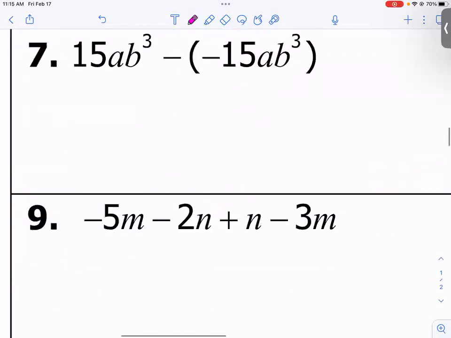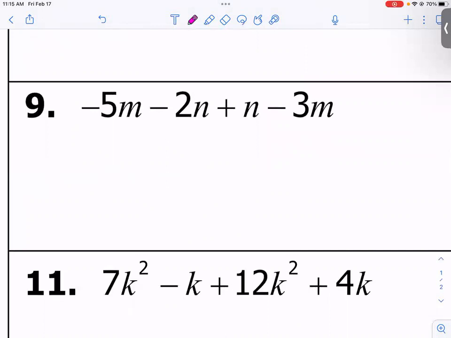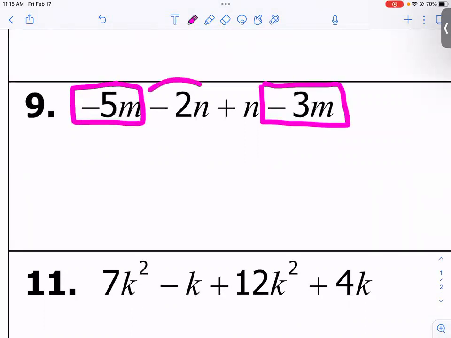Okay, so let's jump down to number 9. Number 9, we have to be a little bit careful. And remember, I've sort of taught you that if it helps, we can circle and box. So I am going to put a box around anything with an m, including the sign in front of it. And I'm going to put a circle around anything with an n. Okay.